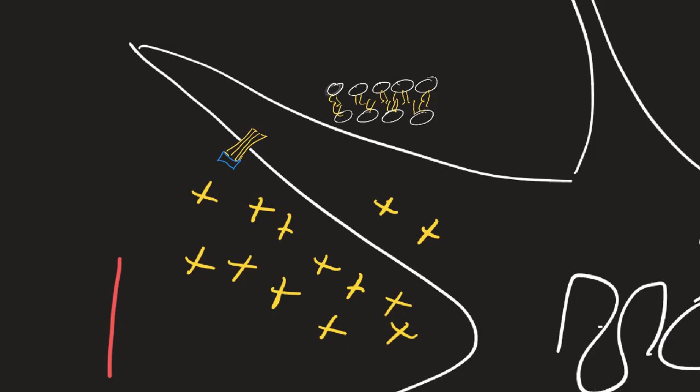Do you all see that? So this is a giant positive on this side. If this side's positive, what's the other side? Negative. So do you see any negatives here?